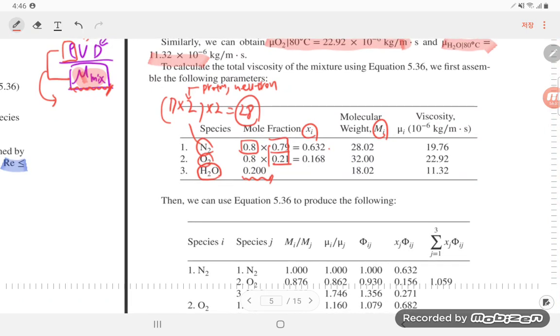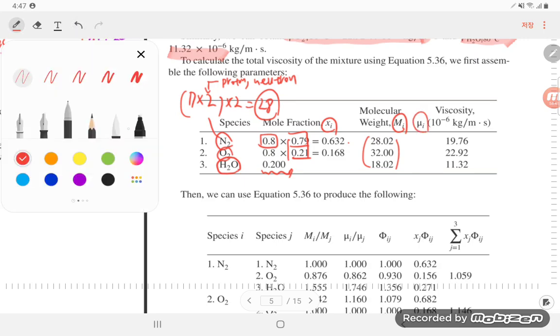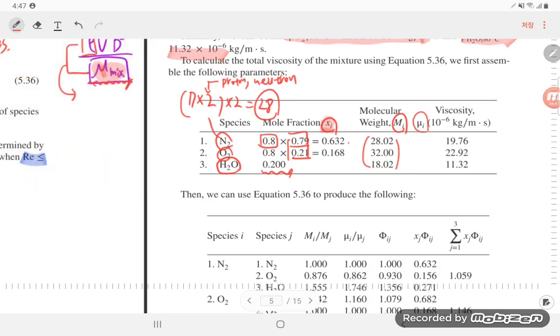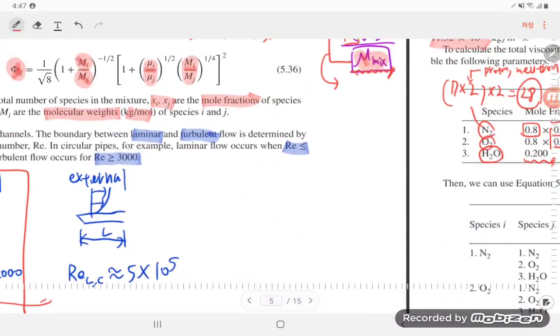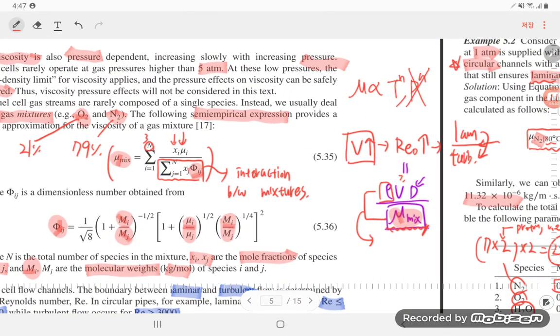You can find it in a table, but actually we can get this molecular weight directly from the calculation. And we also already know mu i, the viscosity of each species. Okay, then to get mu mix, we should insert i = 1, 2, 3.